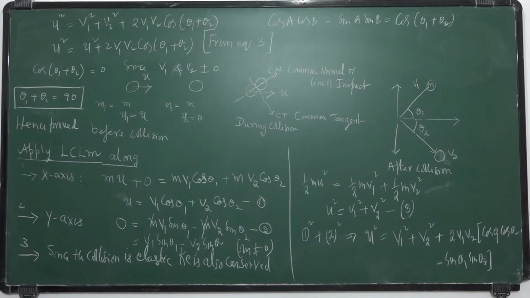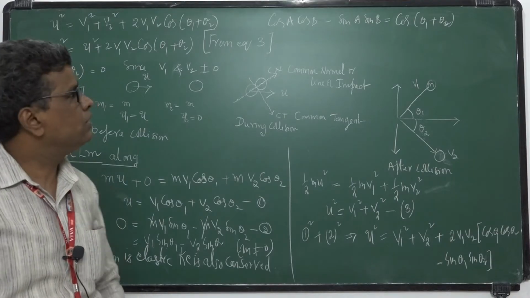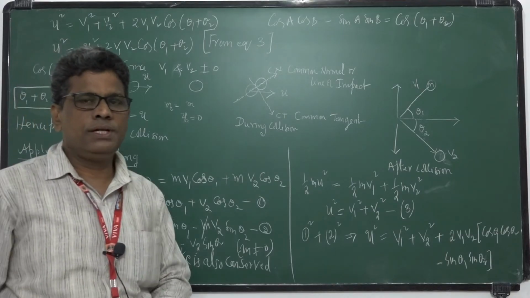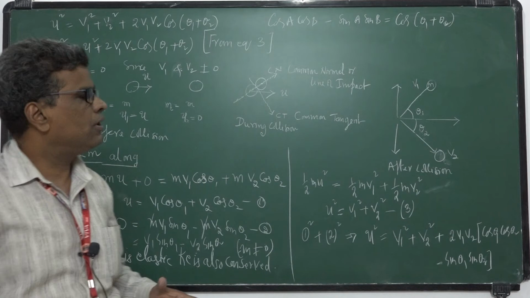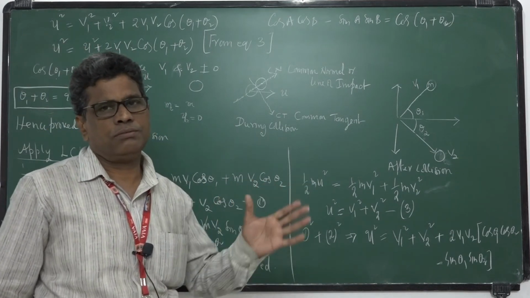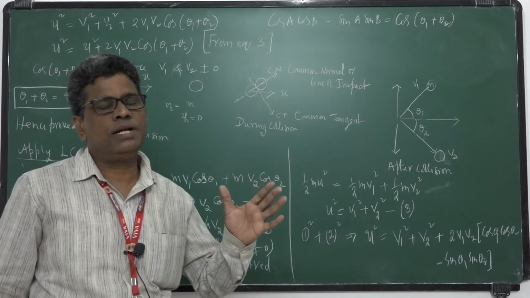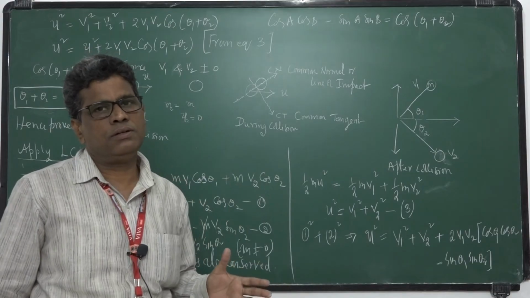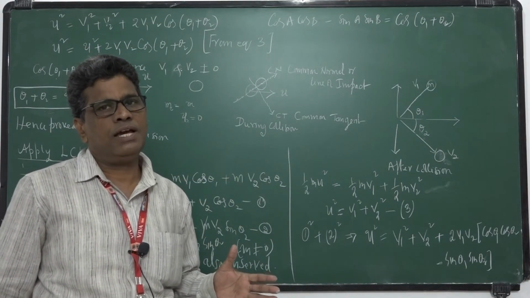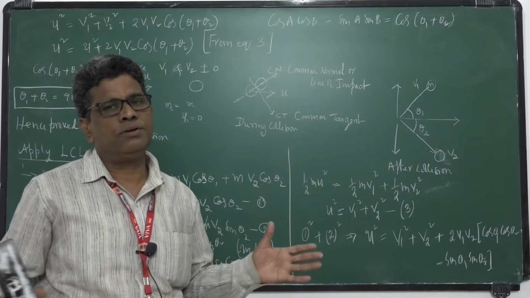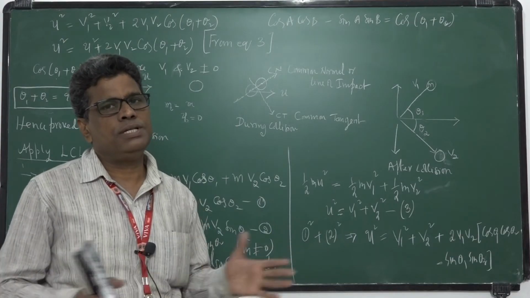So finally I got theta 1 plus theta 2 is equal to 90. Clear this one? Okay, so this is one example. What I conclude is, in case of oblique elastic collision, if masses of the colliding bodies are equal, they will fly perpendicular to each other, normal to each other.